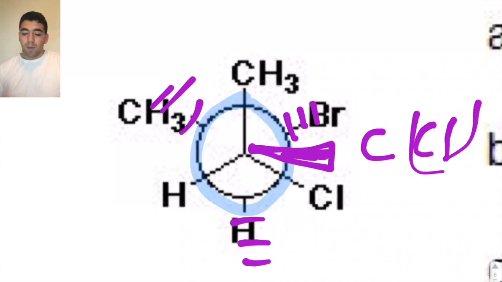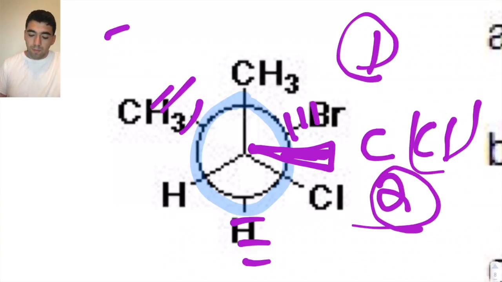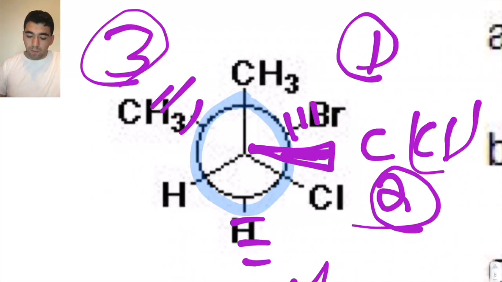Okay, so now we have to prioritize our groups. We have 1, and then chloride's going to beat out that, just like before, 3 and 4. So we want the lowest priority group on a different plane. If they were all wedges like before, we needed it on a dash.